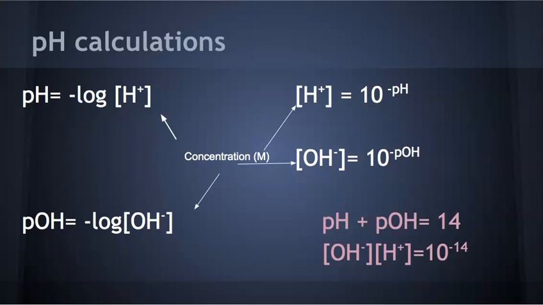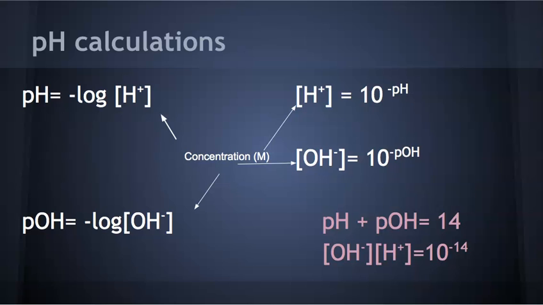So we have 6 equations here, but really it's 2 versions of the same equations, and then our ones in pink tagged onto it that are the sum of the 2. pH is negative log of [H+], pOH is negative log of [OH-], which means [H+] is 10 to the negative pH, [OH-] is 10 to the negative pOH. pH plus pOH is always 14.